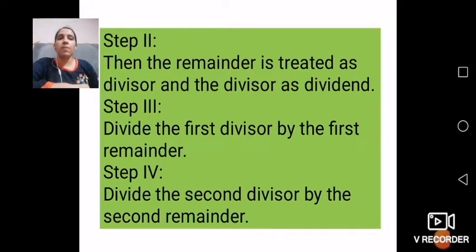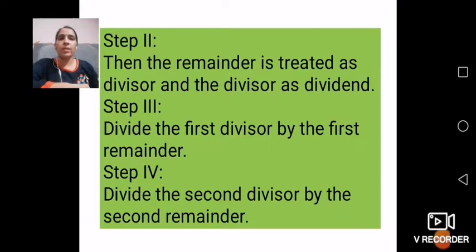Step 3: divide the first divisor by the first remainder. Fine. Step 2 means whatever remainder you get, that remainder is treated as the divisor now, and the divisor of the first step will become the dividend.